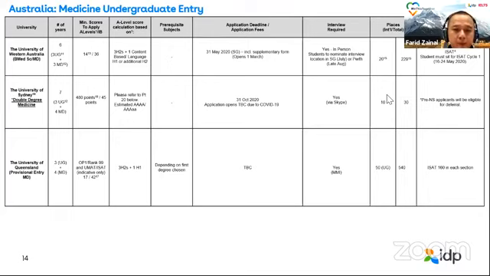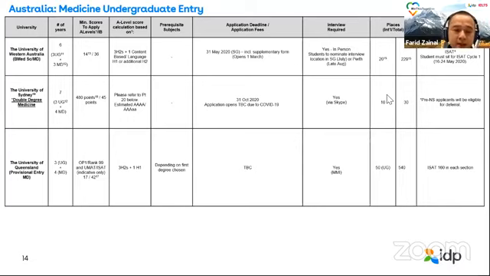The application deadline falls on the 31st of October, usually every year, and interviews are done through Skype. This program is also open to NS boys, who can opt for a deferment if they get an offer for this program.